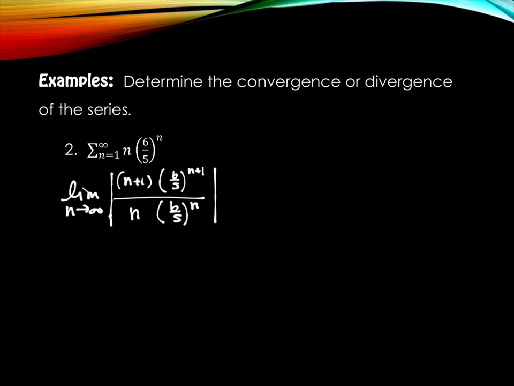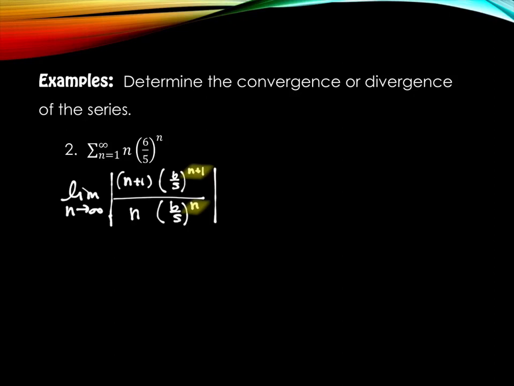Exponents, shouldn't they end up canceling out a little bit? They do cancel out a little bit. One way to do that is to remember properties of exponents. I can subtract n plus 1 minus n, right? So this is just going to be 6/5.